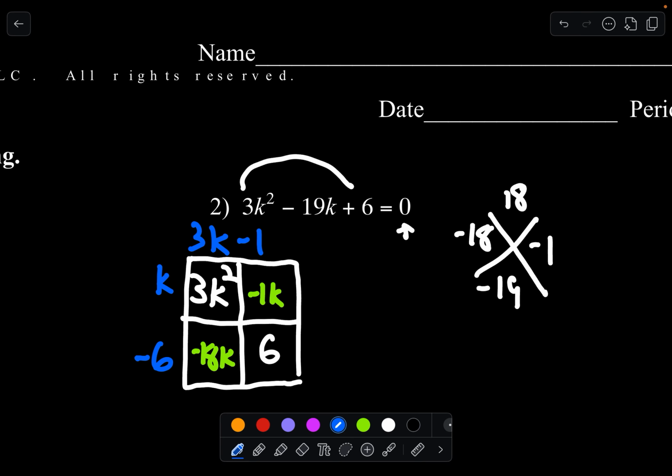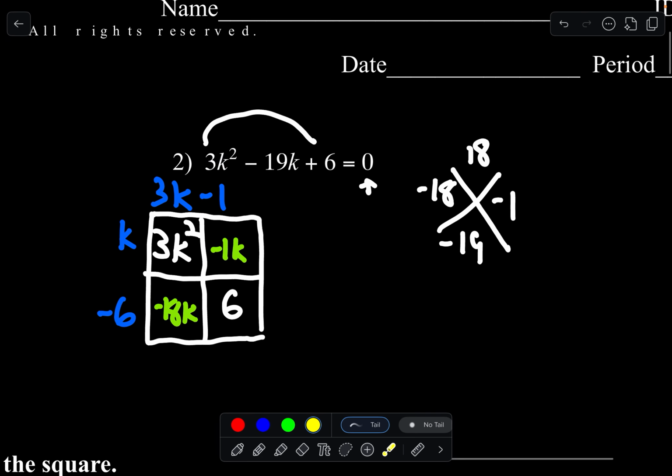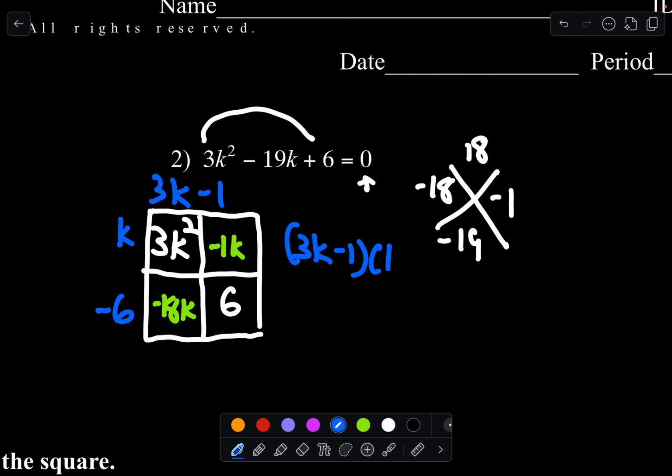You could also have asked yourself, k times what will give you negative k? So now we've got this factored. It's (3k minus 1)(k minus 6) equals 0.